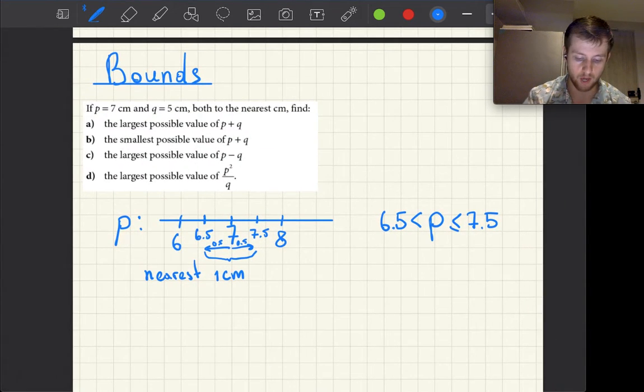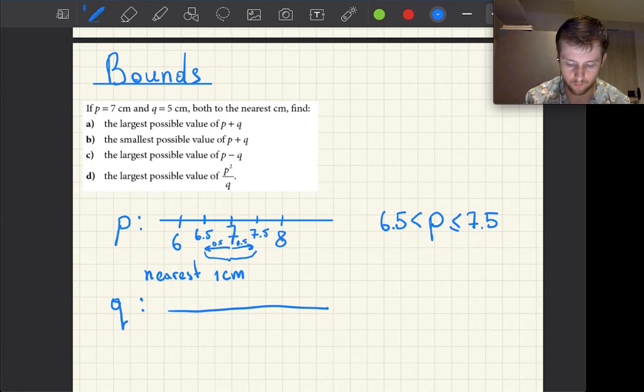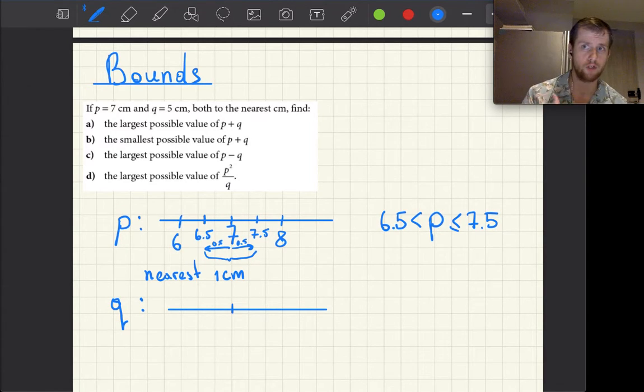Q, in the same way, we could make a drawing of it. At first you can make these drawings, but when you get used to these kind of questions, you obviously don't need the drawings, you can just write this part, and that's going to be enough.